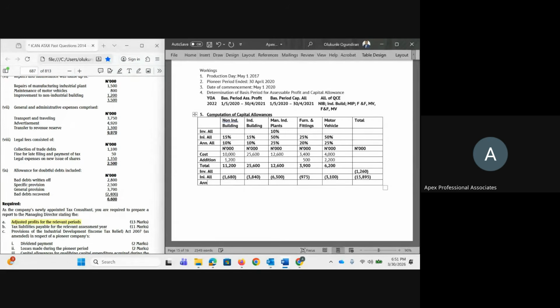Then annual allowance. Obviously, you know annual allowance is cost minus initial allowance times the annual allowance rate. 952.